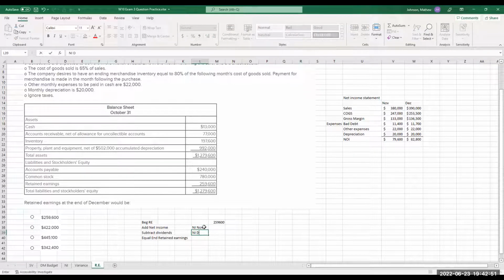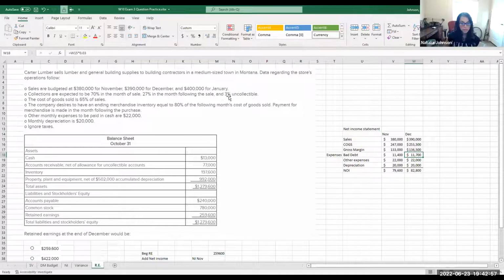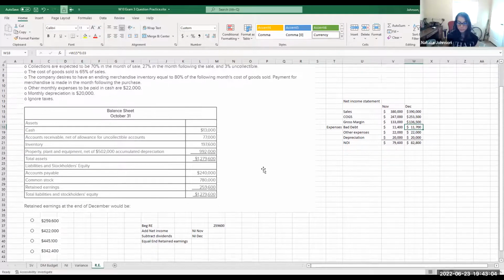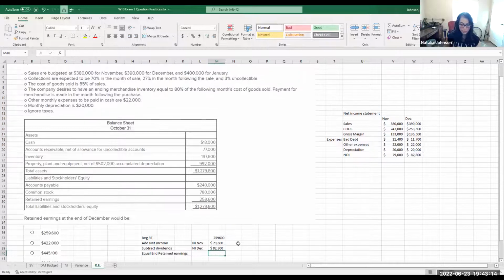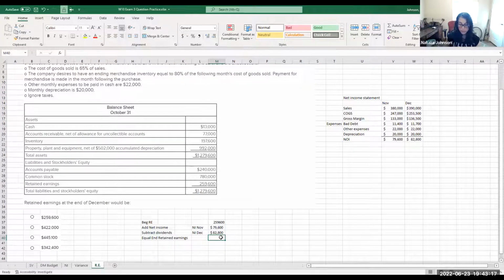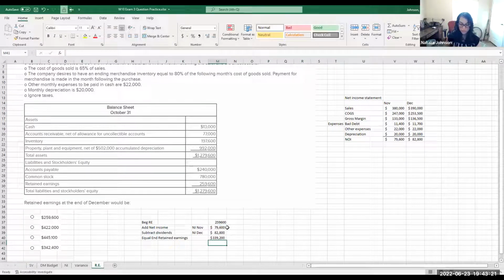The bad debt is 3% of sales, since all of these collections are based on the sales. Net income for November is 79,600, and for December is 82,800. Now for the ending retained earnings, we simply add these two net incomes.